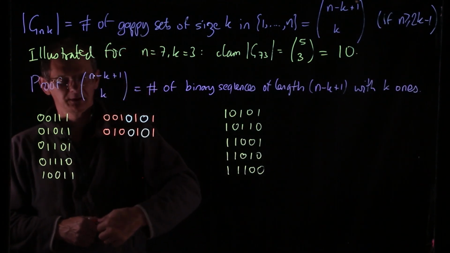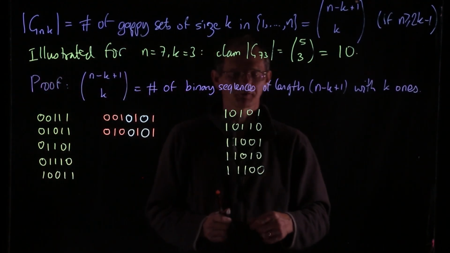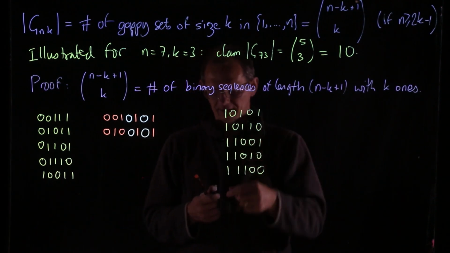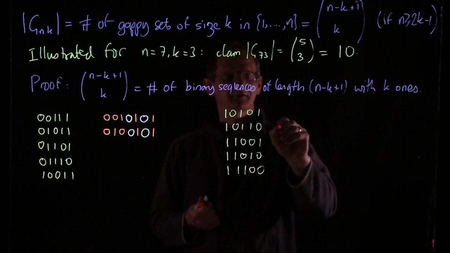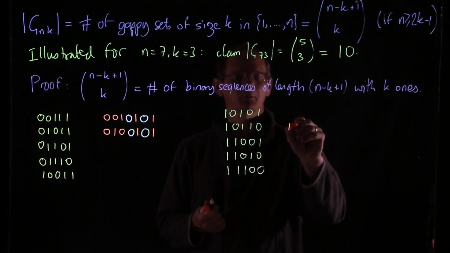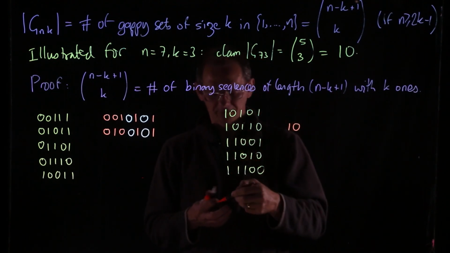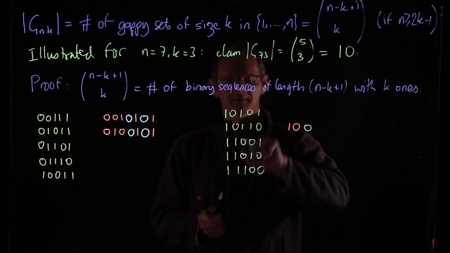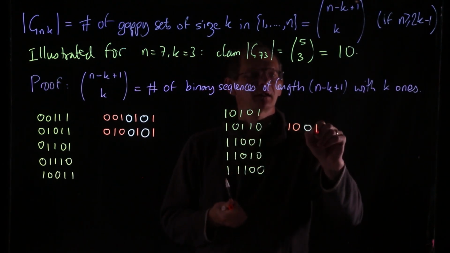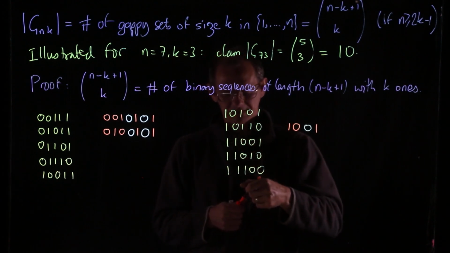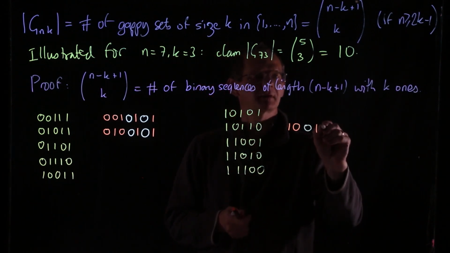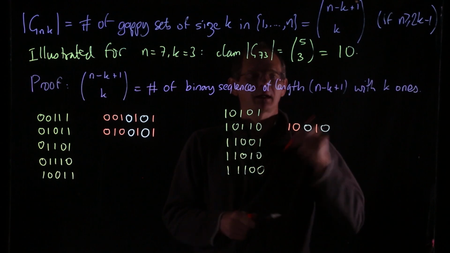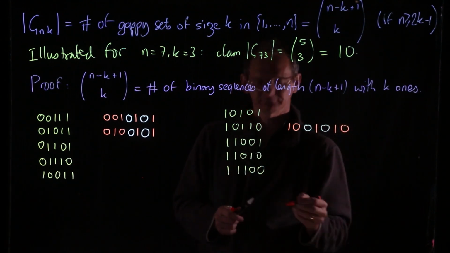Let's do another couple more examples like this one. We take the 1 and the 0, and then the next one we need to pad with a 0 to the left, and then we put the 1 in. Then the next one we need to pad with a 0 to the left, and then put in the 1 and the 0.